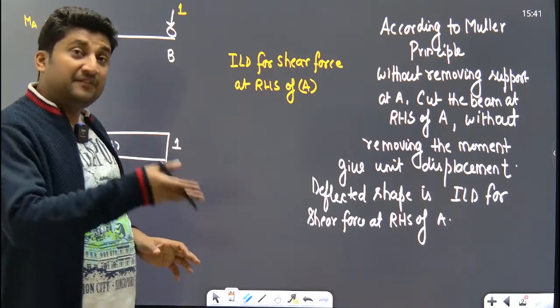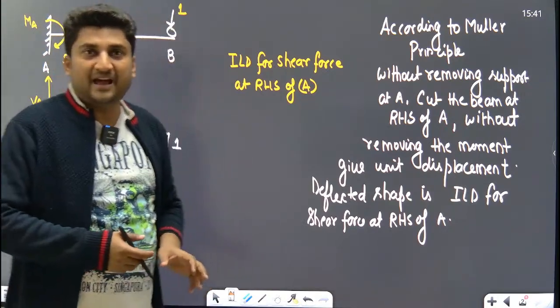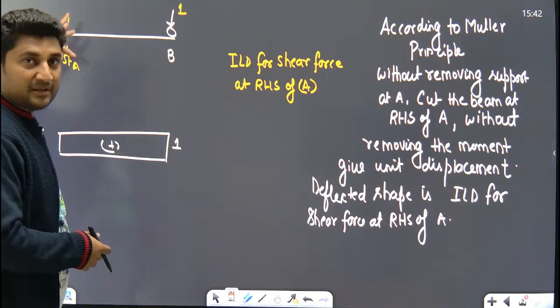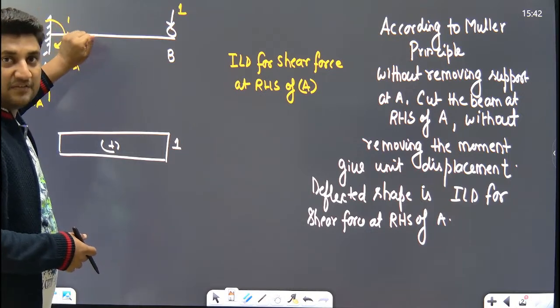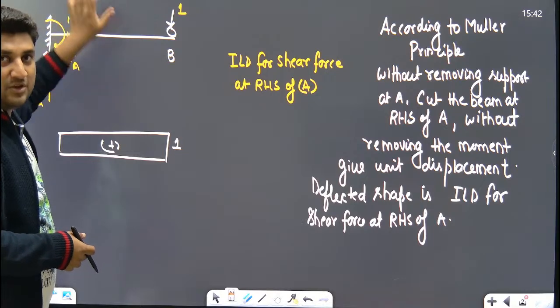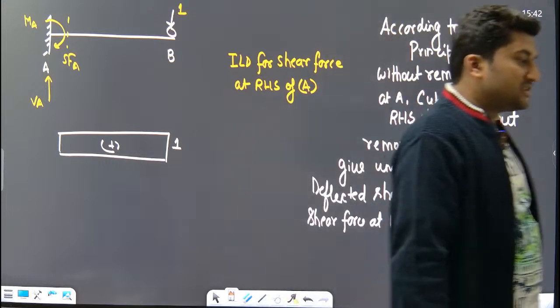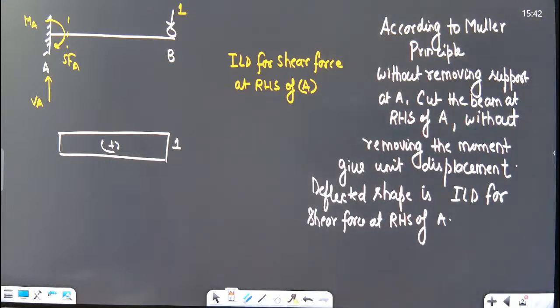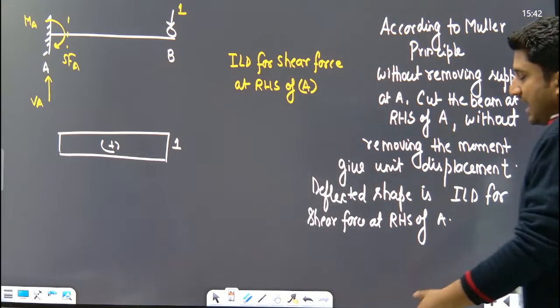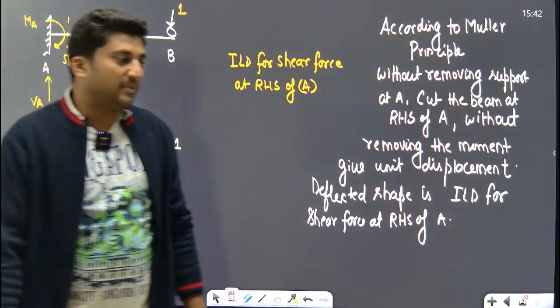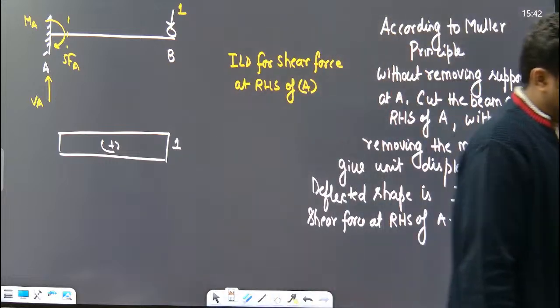Now for the ILD for shear force at RHS of A, without removing the support, cut the beam at RHS of A, then without removing the moment, give the unit displacement. The deflected shape is the ILD for shear force. Now the third concept, for a cantilever beam: how do we get the ILD for bending moment at C or bending moment at RHS of A?